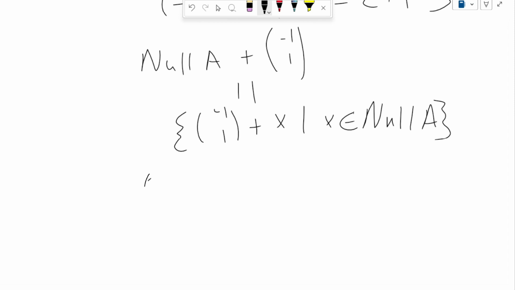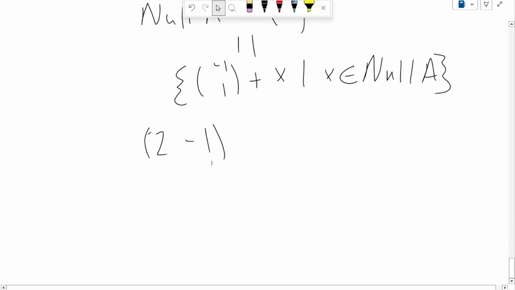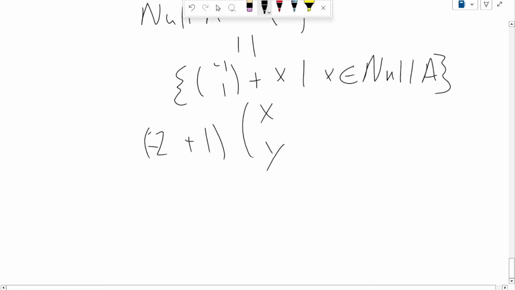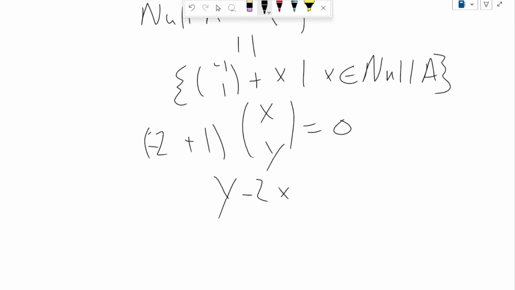It's going to be negative 2, 1 times x, y equals 0, which implies that y minus 2x equals 0.